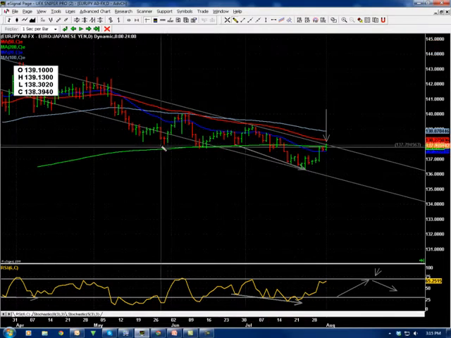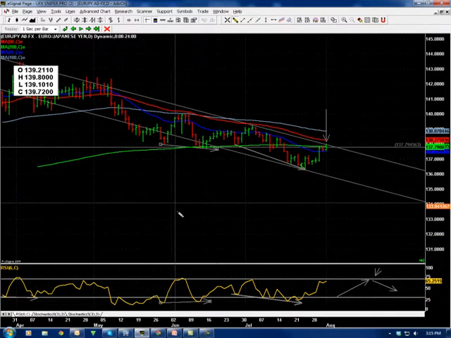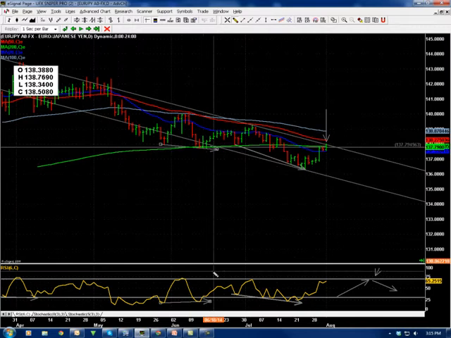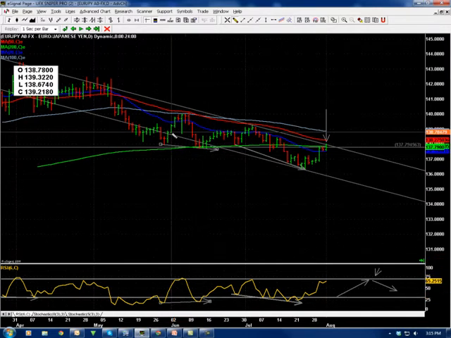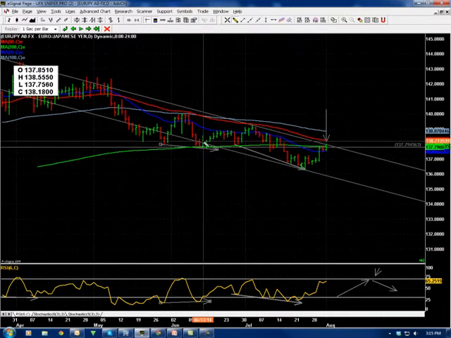Now here, for example, it was giving divergence. These two swing lows here: this is pushing down and that is pushing up, and then it just loses the momentum and goes up a little bit. See that?